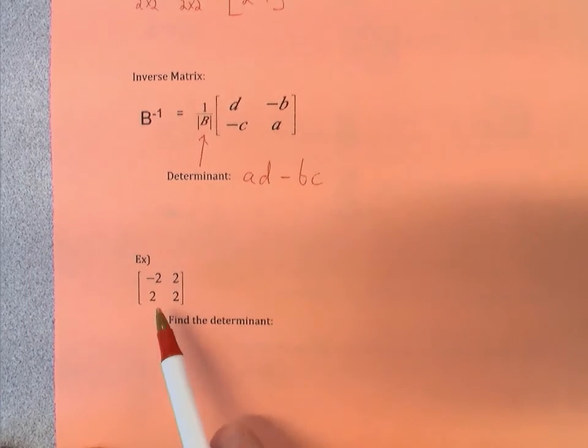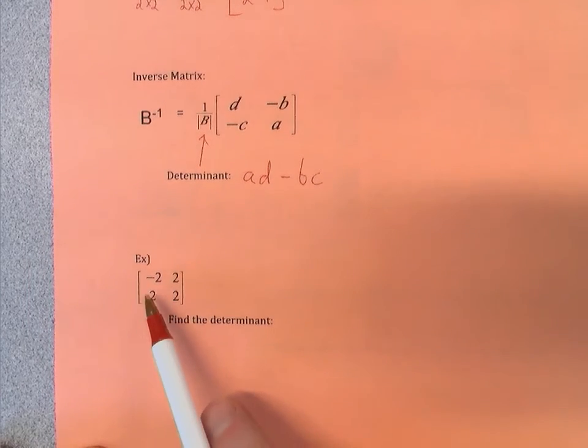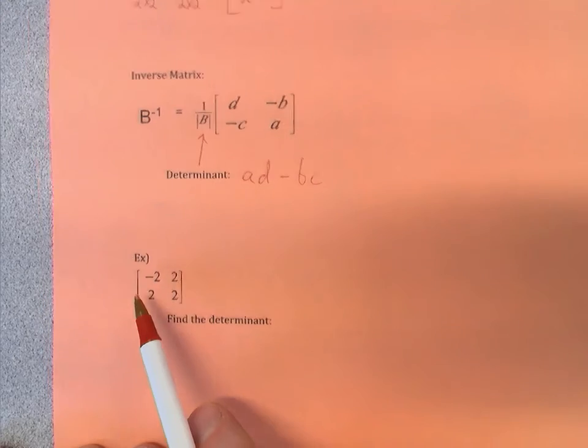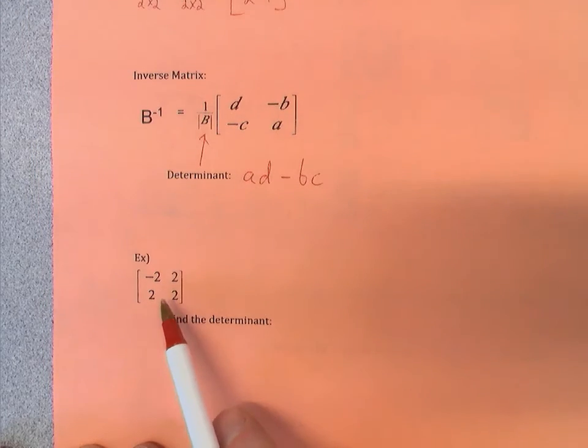We want to find the determinant of this matrix, -2, 2, 2, and 2.